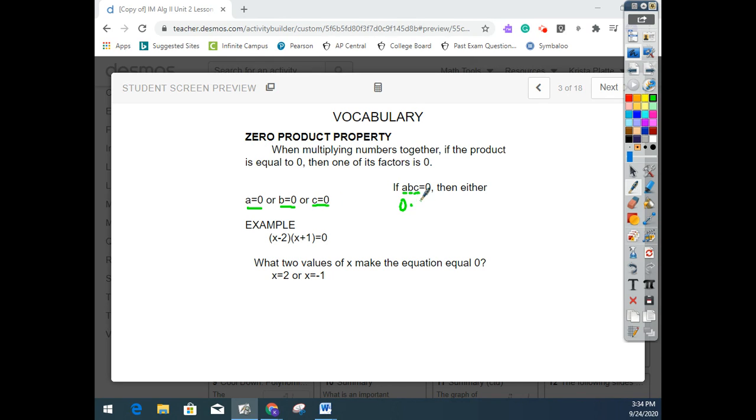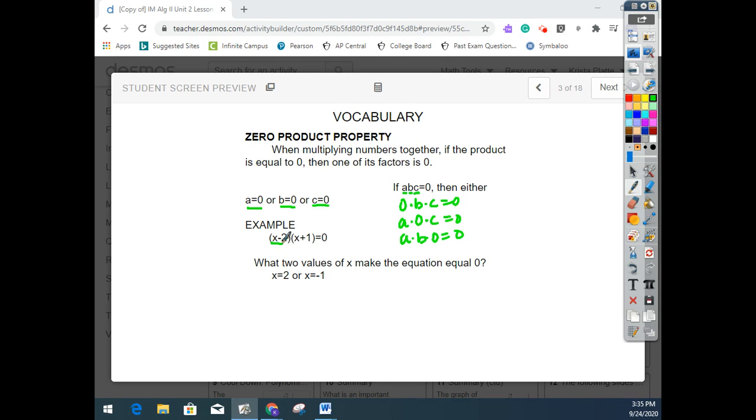It's either 0 times B times C equals 0. It doesn't matter which one is 0. A times 0 times C is 0. A times B times 0. Anything being multiplied, if there's one 0, it makes the whole thing 0.